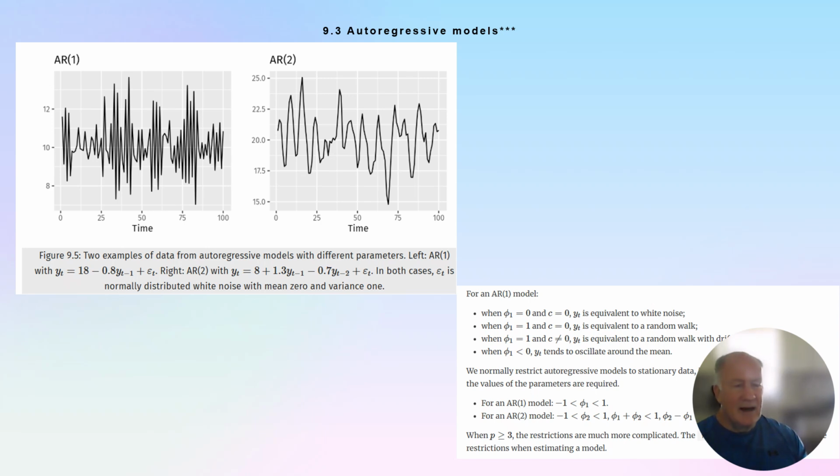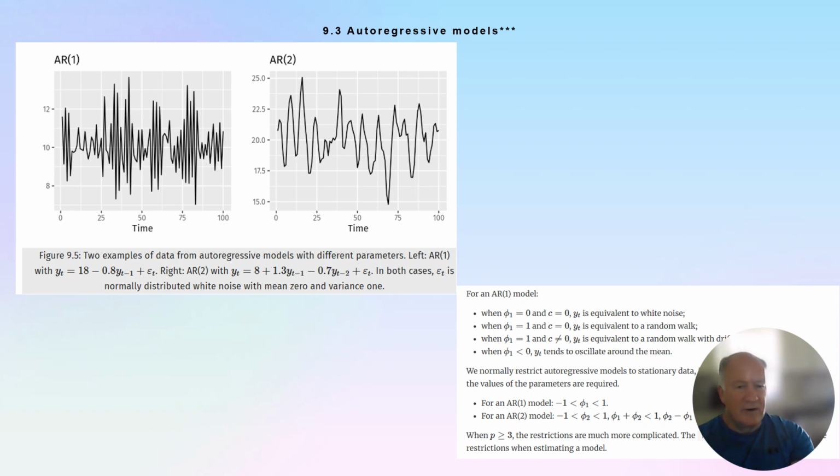Here are two examples. The first example, AR(1), has 18 as the constant, minus 0.8 for phi1, plus some residual. For AR(2), we have 8 as the constant, 1.3 as phi1, and negative 0.7 as phi2. In both cases, the residual is normally distributed white noise with a mean of 0 and a variance of 1.